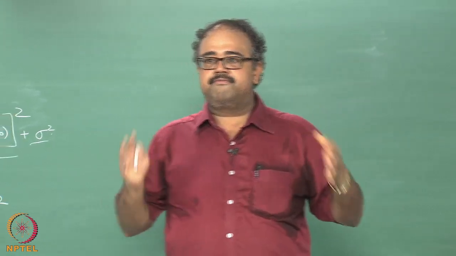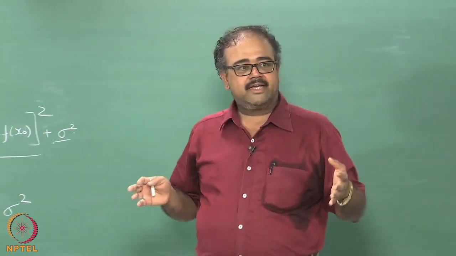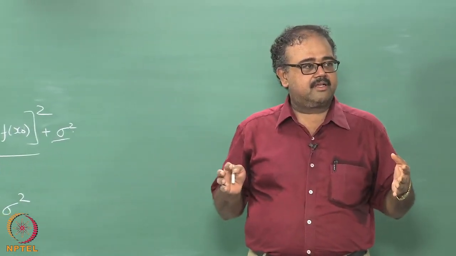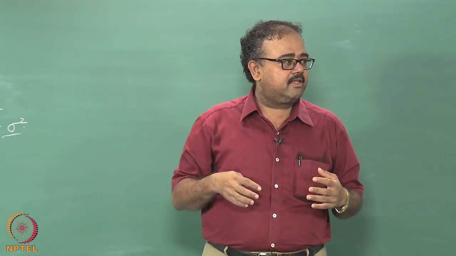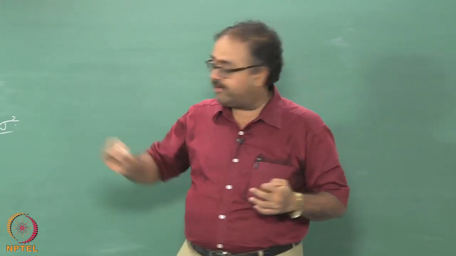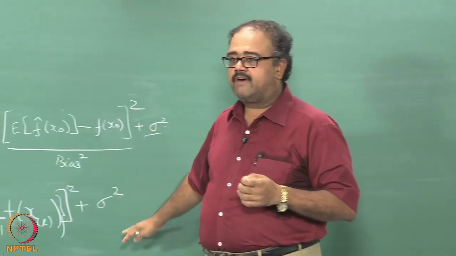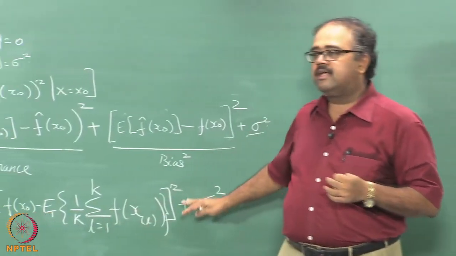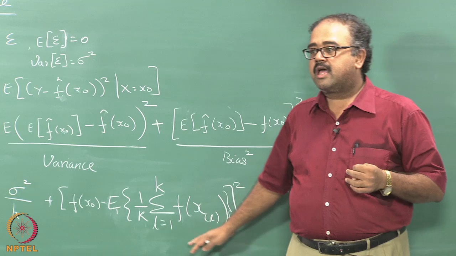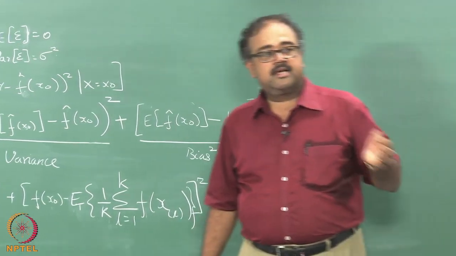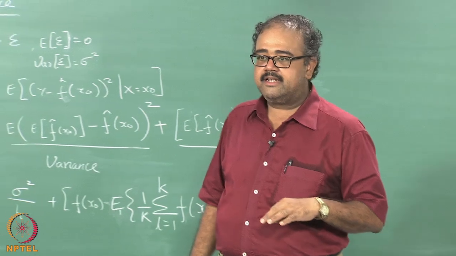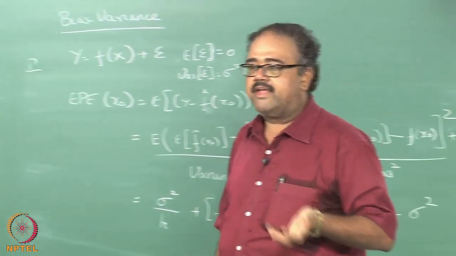For a fixed dimension, increasing k pulls in data points more and more dissimilar to the query point x naught, so the bias becomes larger. As k becomes larger, my bias increases in KNN and my variance decreases.